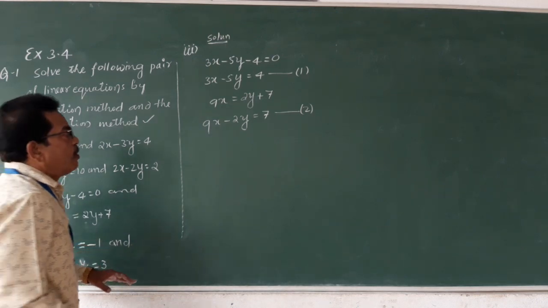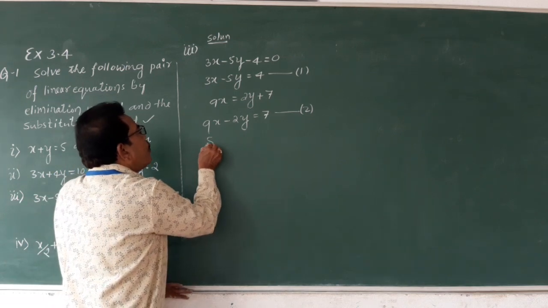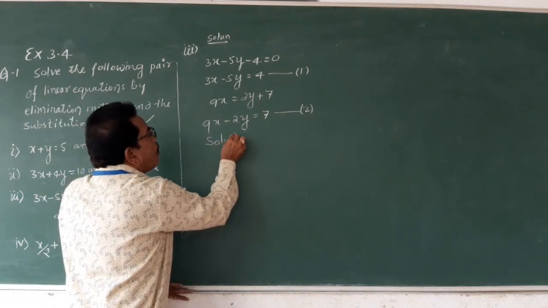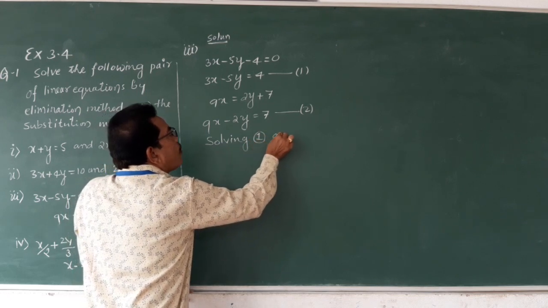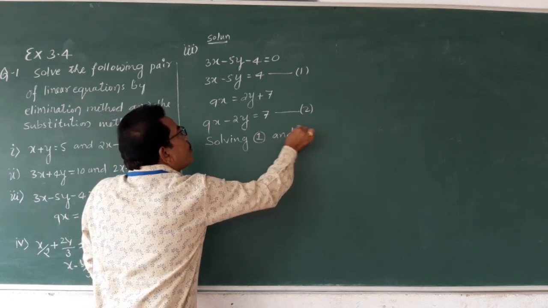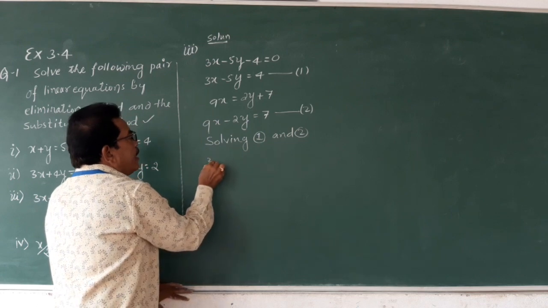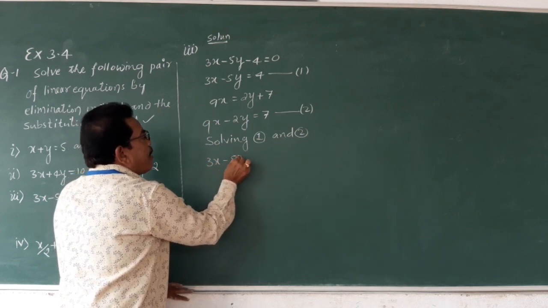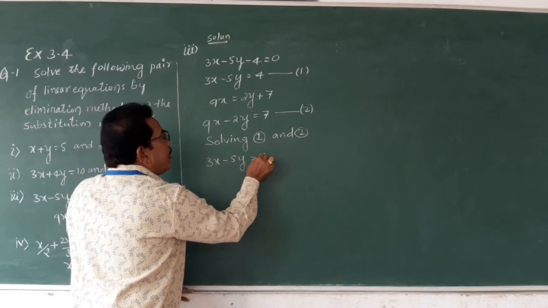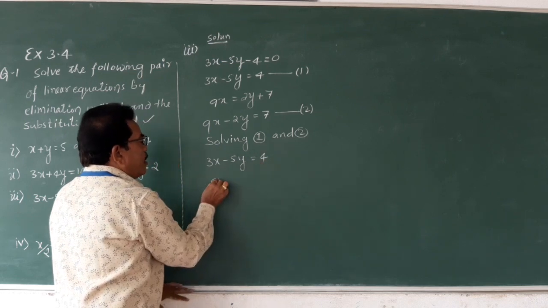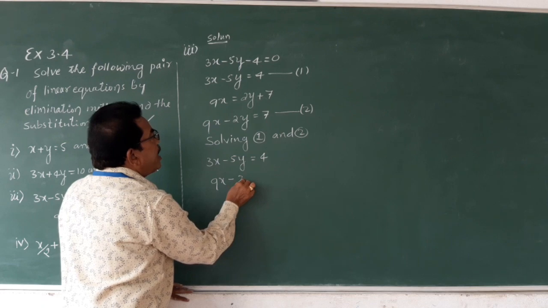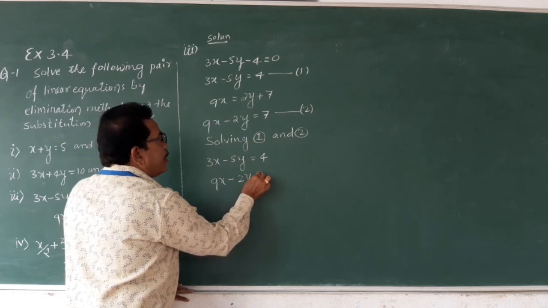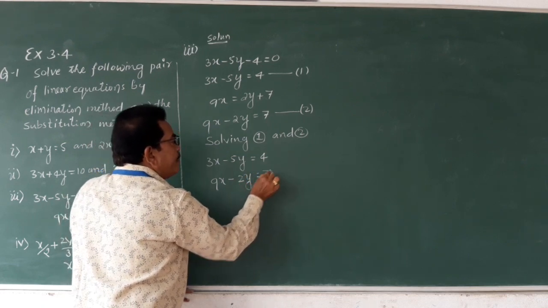Solving 1 and 2. That is 3x minus 5y equals 4 and 9x minus 2y equals 7.